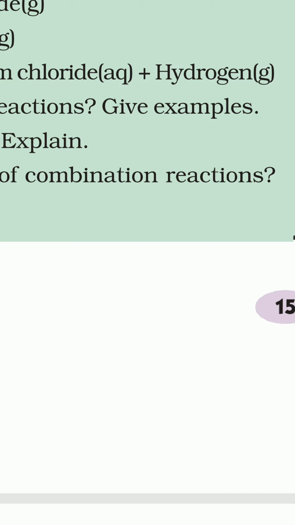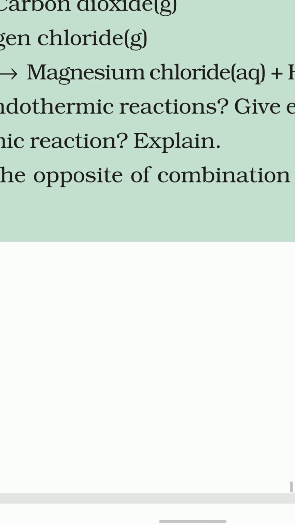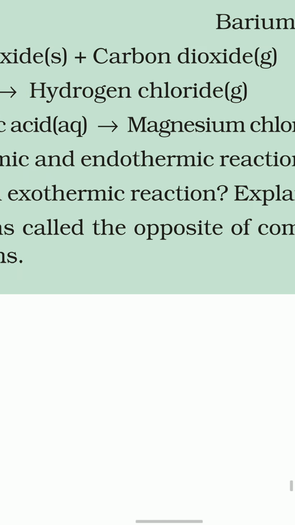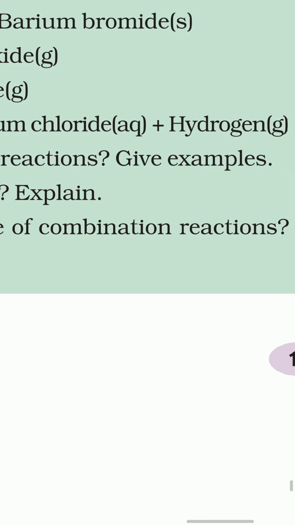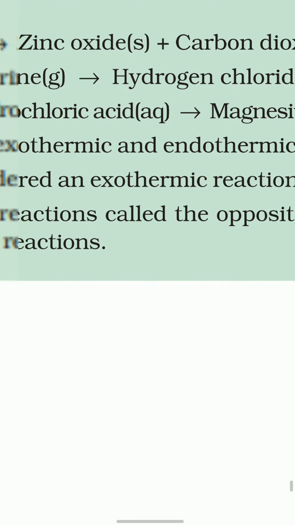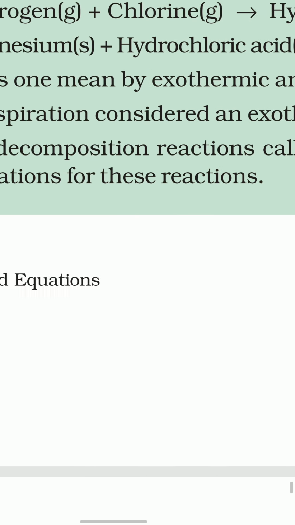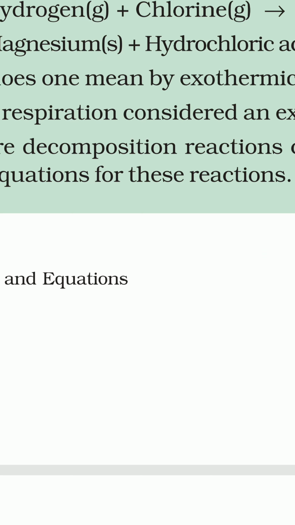And decomposition reactions are endothermic, and most of the combination reactions are exothermic. So in two cases we see that these are just opposite to each other. The examples of combination and decomposition reactions we have already studied in my previous lecture; you go through and you can write them down.